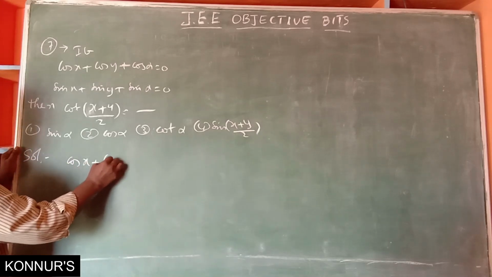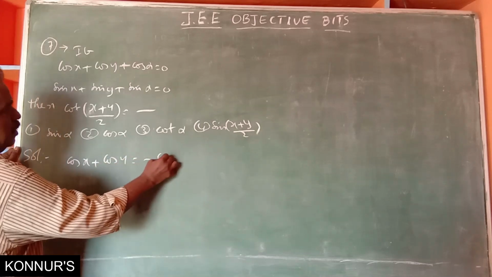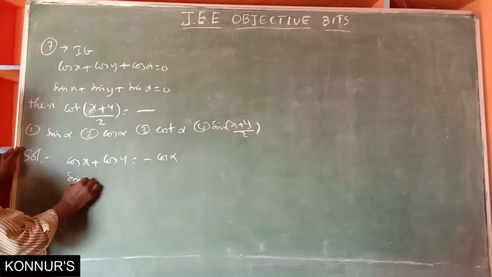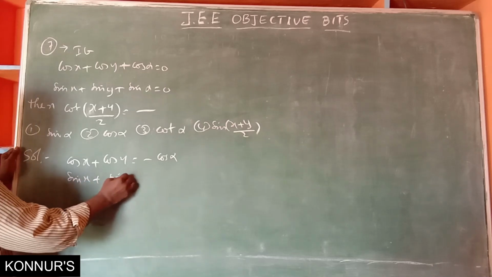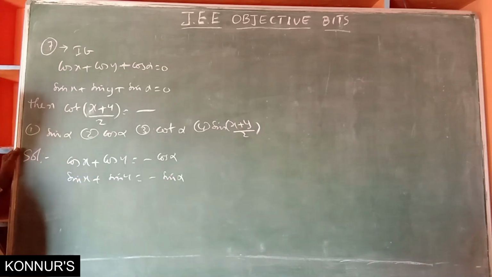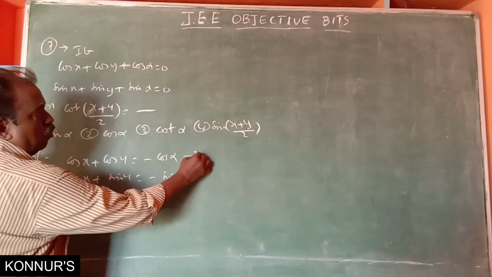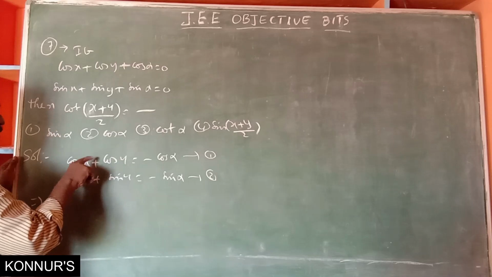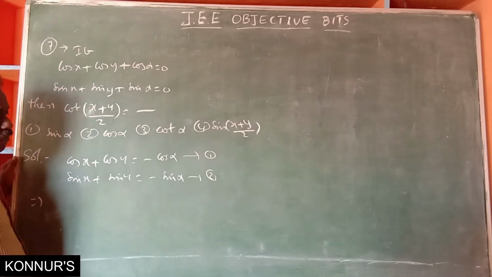Cos x plus cos y is equal to minus cos alpha, okay? Sin x plus sin y is equal to minus sin alpha. Okay? You see, we take these two equations. These two equations are given only.